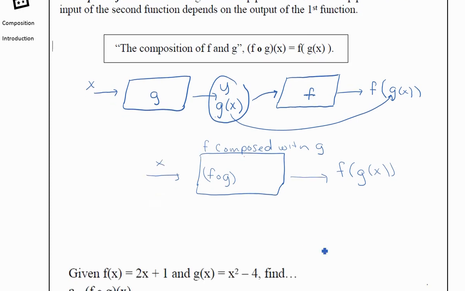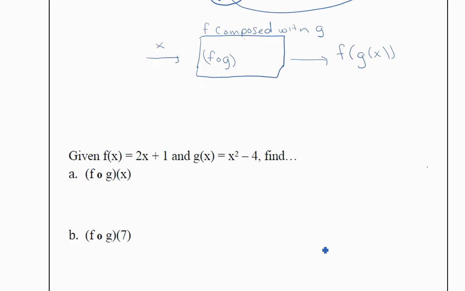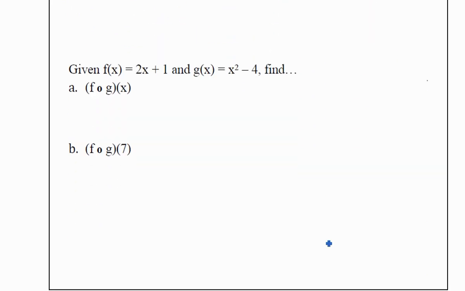Okay, so let's go ahead and see how we do this algebraically. Here it says, given f of x equals 2x plus 1 and g of x equals x squared plus 4, find f composed with g of x.